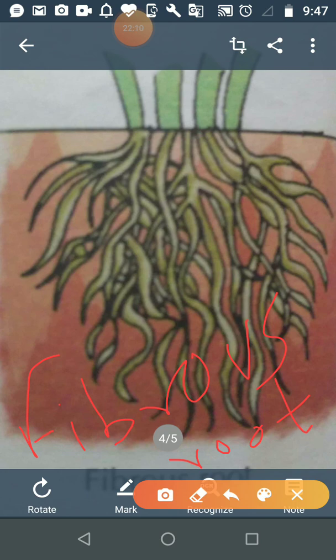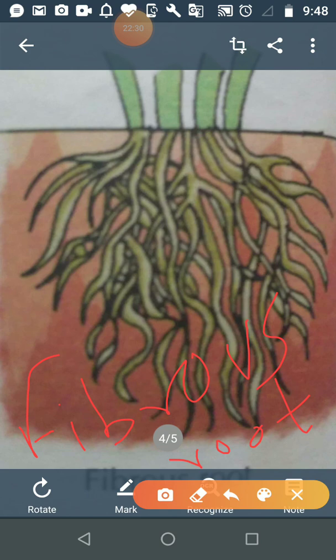Where we find the root, plant is divided in two parts, shoot and root. Root part is below the ground. So student, try to understand what are the functions of root. Note down the points in your rough copy for your better understanding.